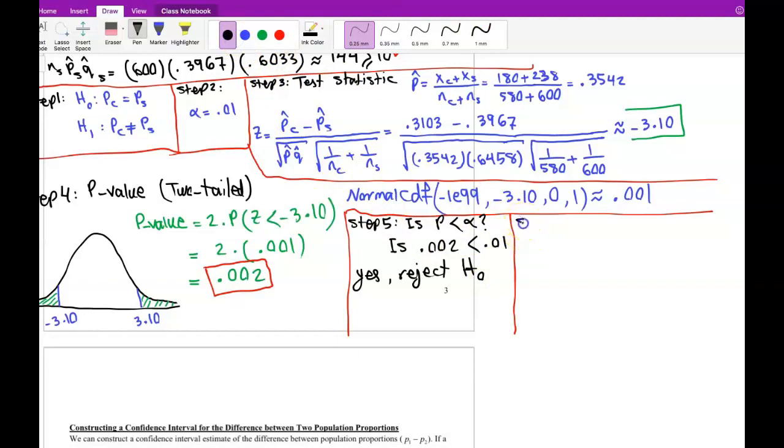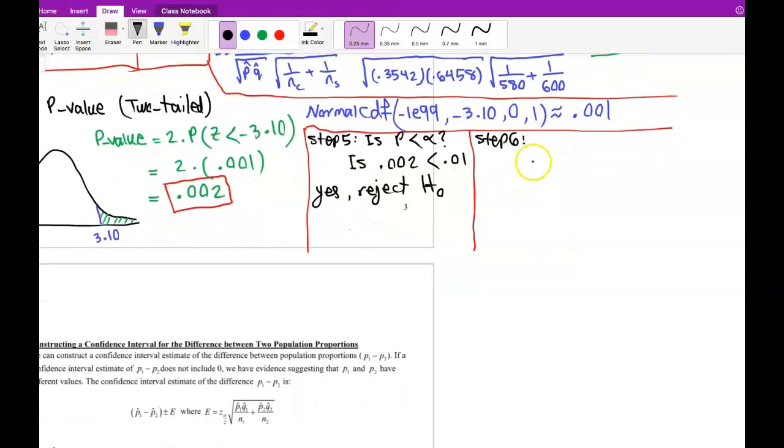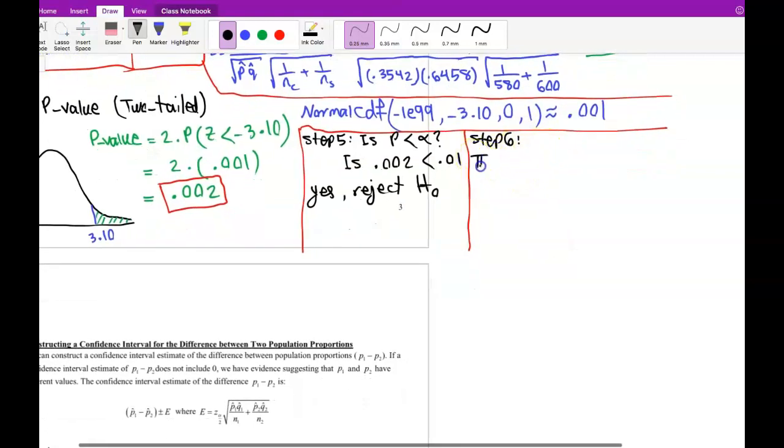Okay, then step 6. State conclusion. What that means. Okay, so writing these in words, we have sufficient evidence to conclude that the proportion of Catholics that favor capital punishment is different from the proportion of seculars.